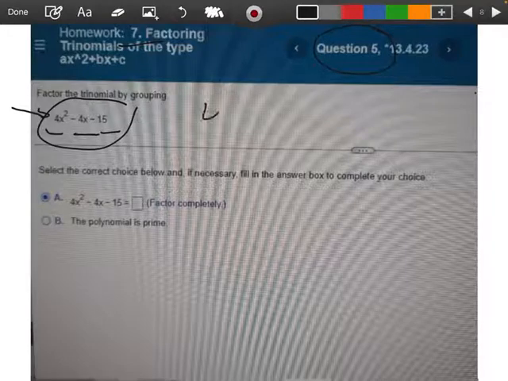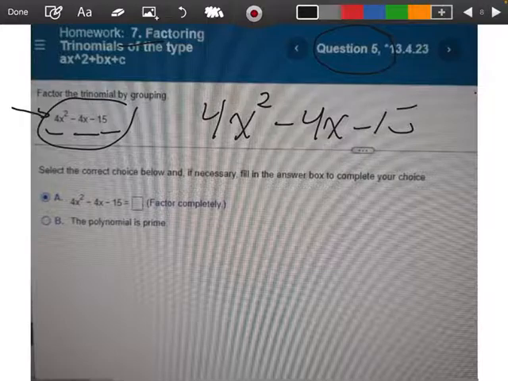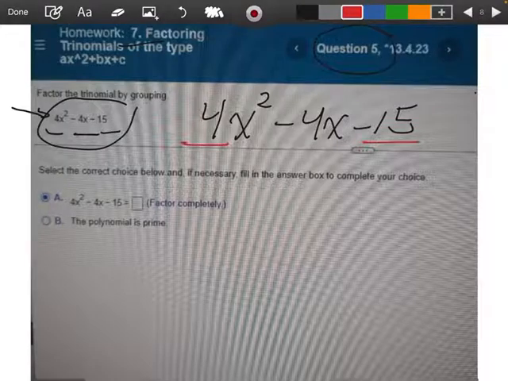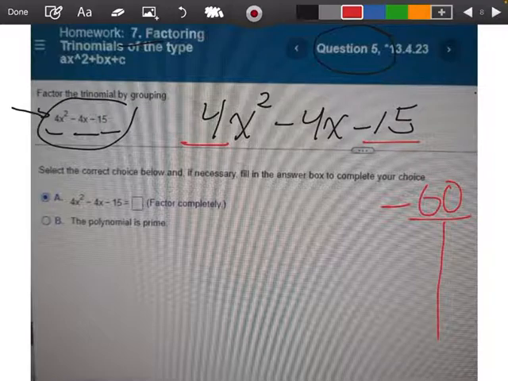So the way I do these is I'm going to rewrite the problem: 4x squared minus 4x minus 15, okay? And the first thing I'm going to do is multiply the first number and the last number. So 4 times negative 15 gives me negative 60. So I'm going to make a list of all the numbers that multiply to negative 60.